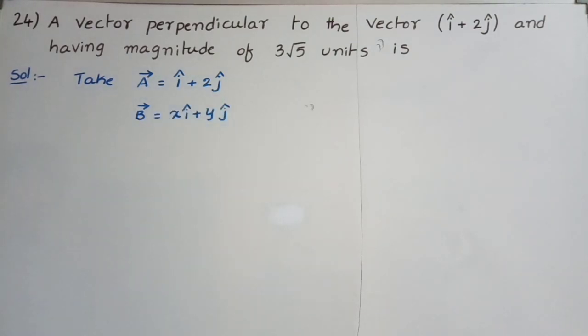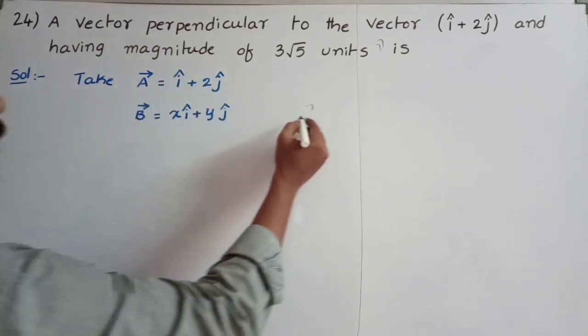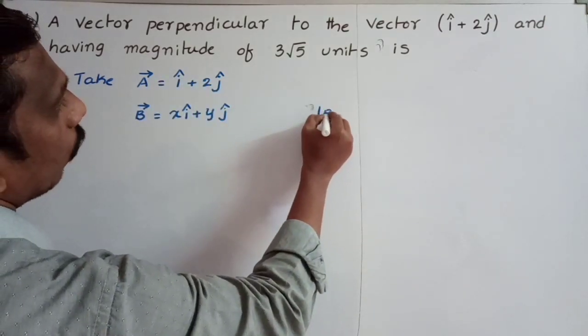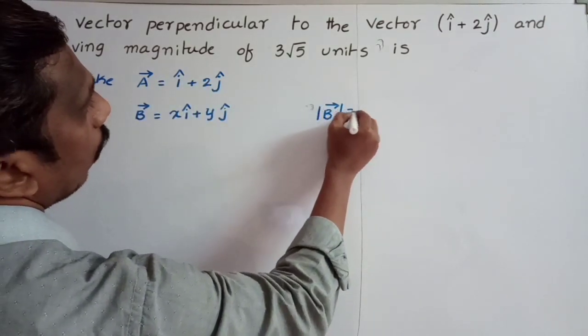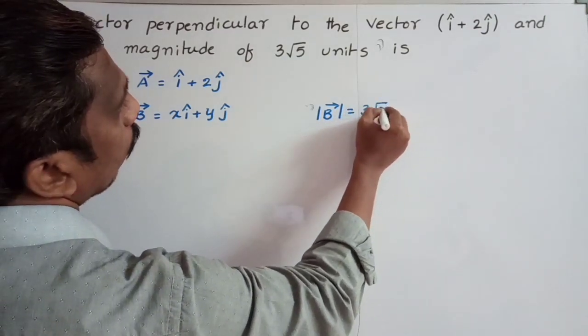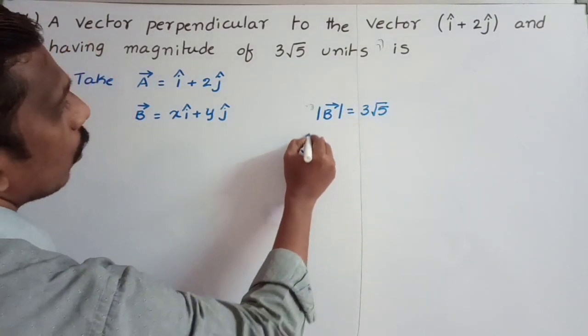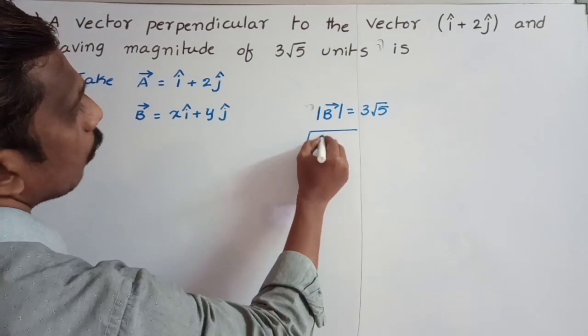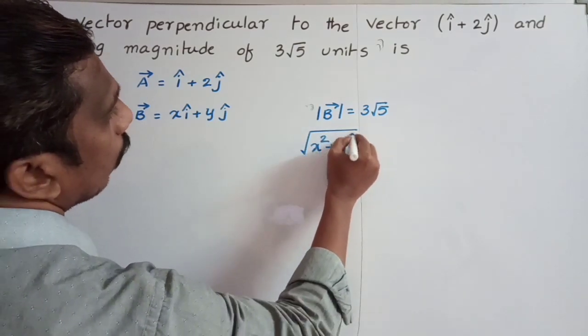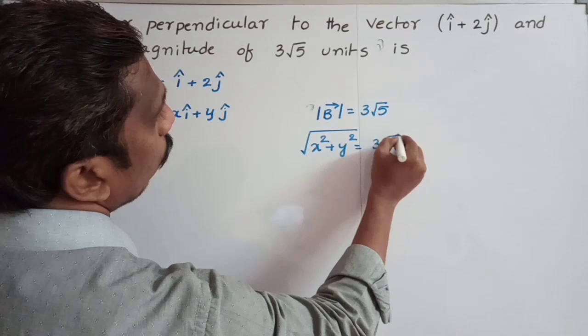So magnitude of b bar is equal to the given 3 root 5, means under root of x square plus y square is equal to 3 root 5.